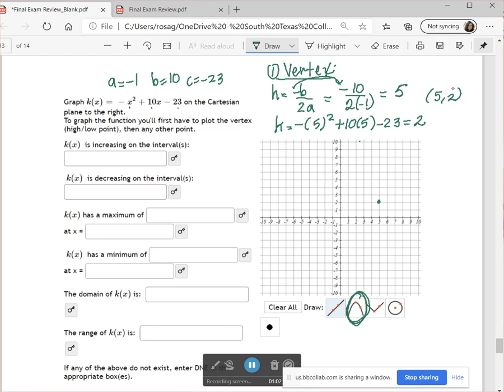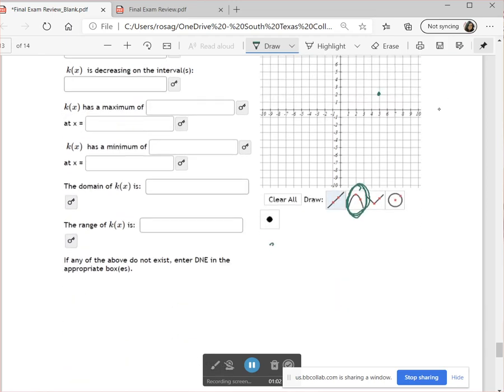And then you're going to need an extra point. That extra point can be anything you want. You just gotta make sure that it's on the graph because you gotta plug it in. I like 0, but when I tried to use 0 for this problem, the answer was too big, so it wasn't working. Like you get negative 23.